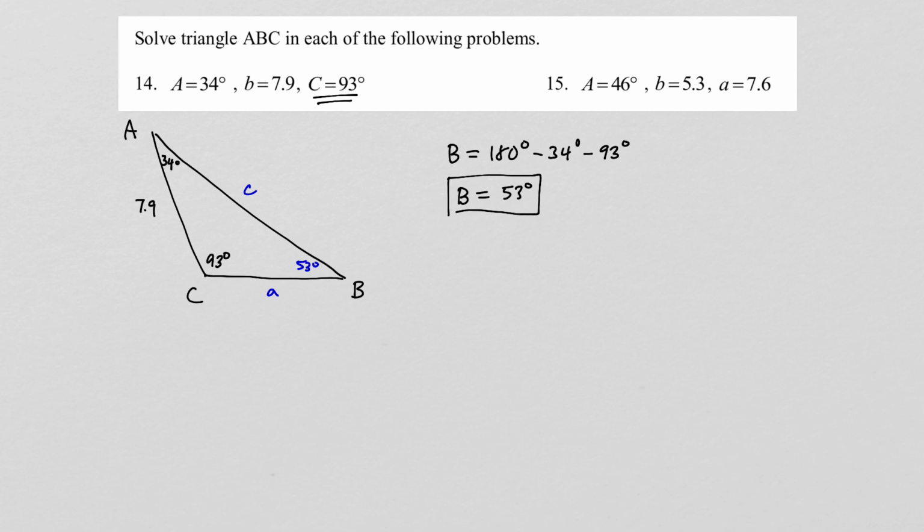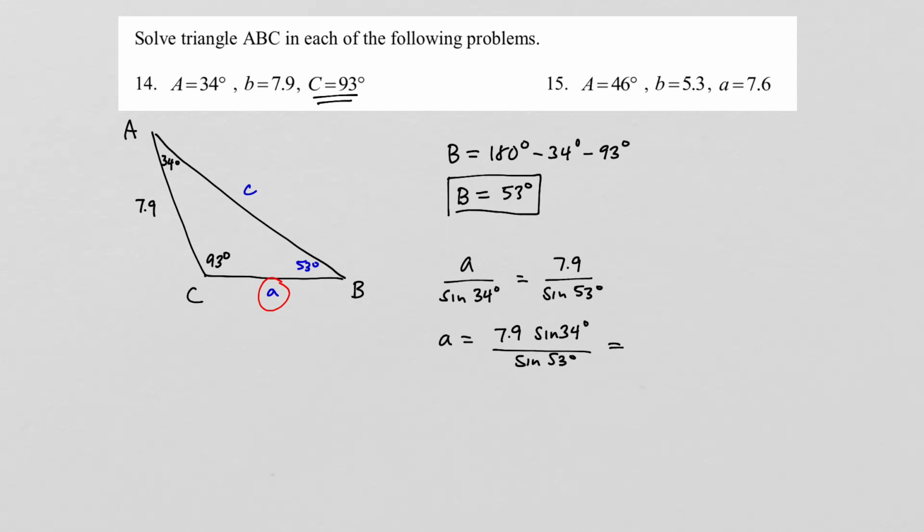So let's focus on side A. We know that A divided by the sine of angle A, which is 34 degrees, must be equal to 7.9 divided by the sine of the angle opposite 7.9, which is 53 degrees. Solving for A, we get A equals 7.9 times the sine of 34 degrees divided by the sine of 53 degrees. All we have to do now is plug that into a calculator, and when we do this calculation, we should find that A is approximately 5.5.